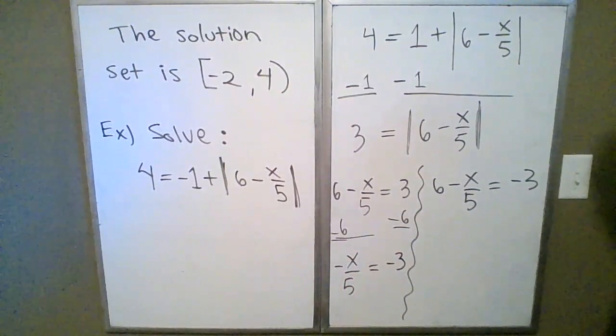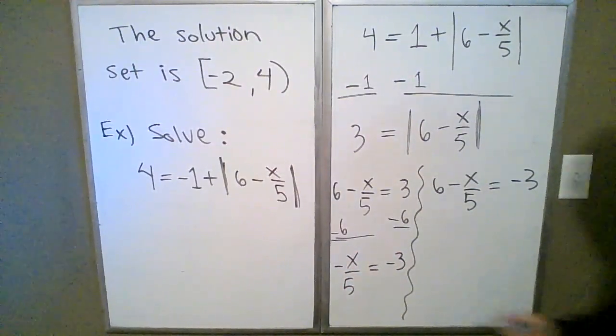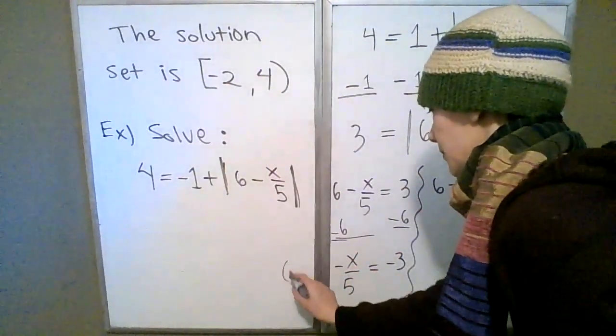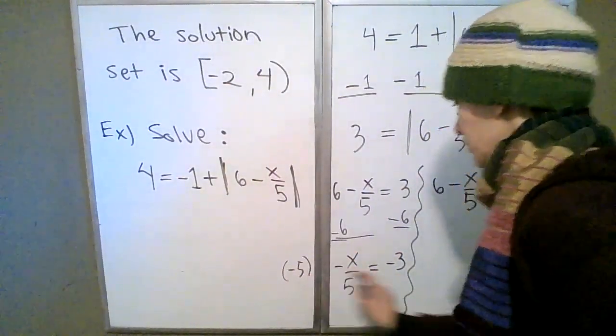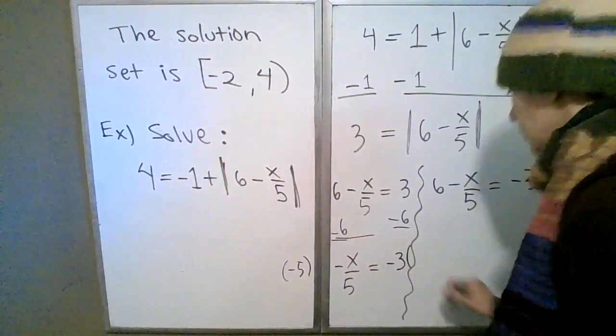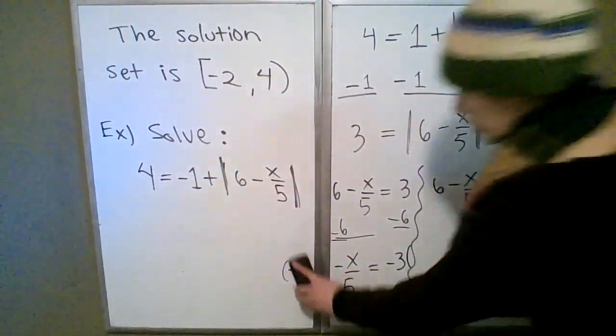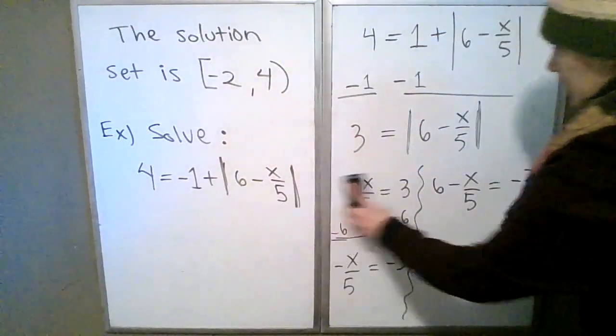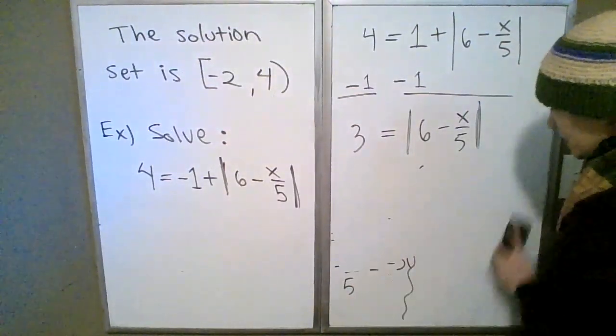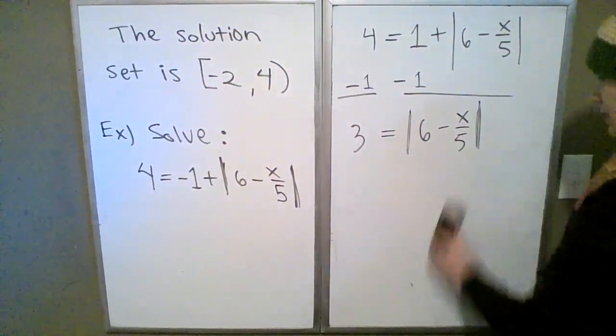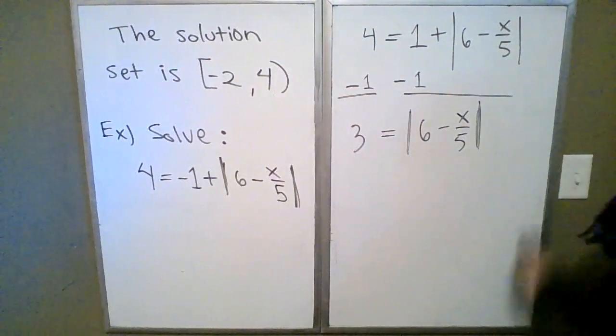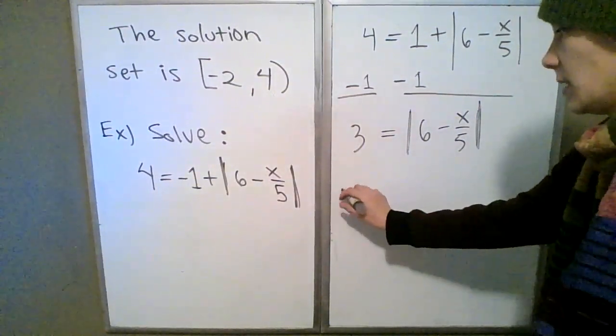And then multiply both sides by -5. It looks so messy. We're going to do this on the other board. All right, sorry about the mess. We're going to do this then.